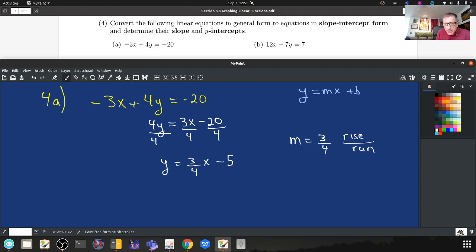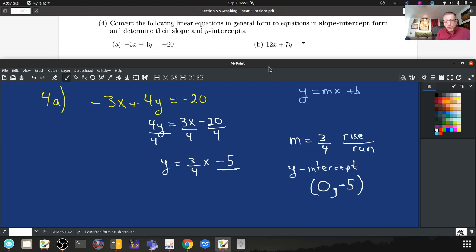And my b value is minus 5, so the y-intercept, do not write down y equals minus 5, because that's incorrect. The y-intercept is an ordered pair whose first value is always 0. This gives me my b value, minus 5.